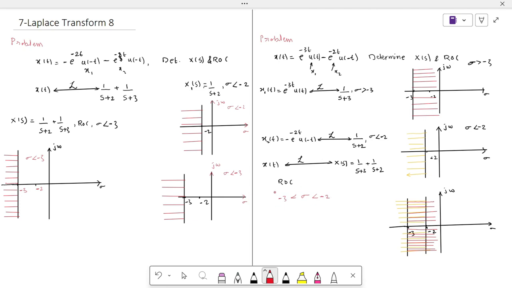This is the common region of convergence, if any signal has the sum of two components.